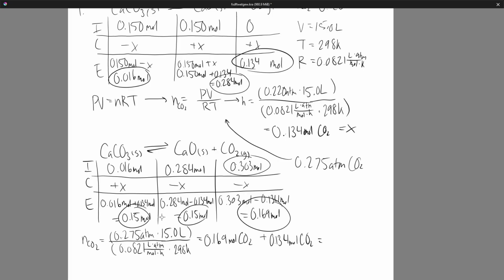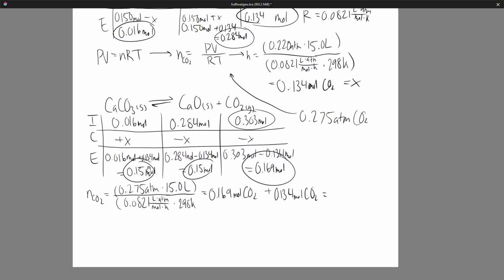Now, to find the mass, we just convert the number of moles of calcium carbonate into a number of grams using the molar mass. So 0.15 moles CaCO3 divided by 1 mole, and the molar mass is 100.086 grams.